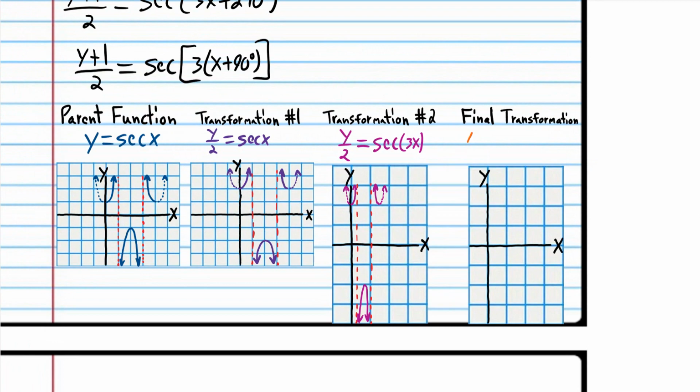Okay, so now we're going to add 1 to y, and we're going to add 90 to x. So that means we're going to move the entire graph down 1 unit.